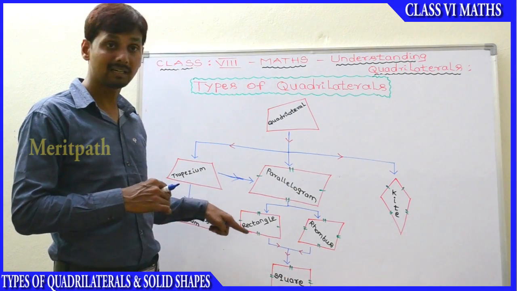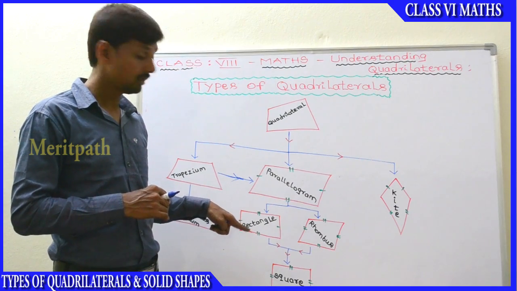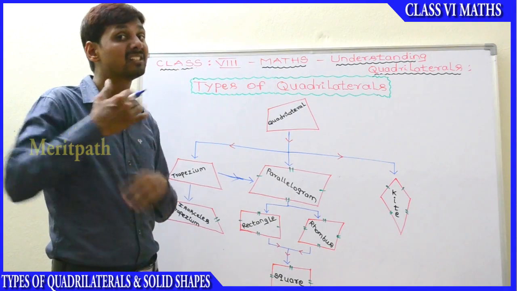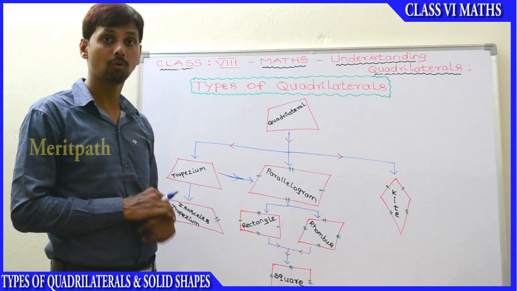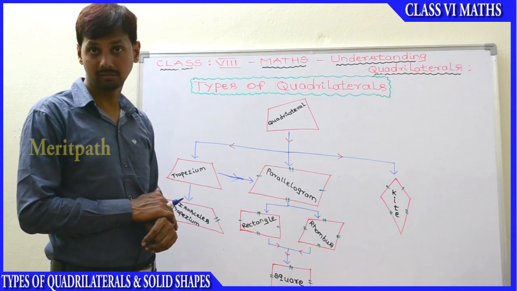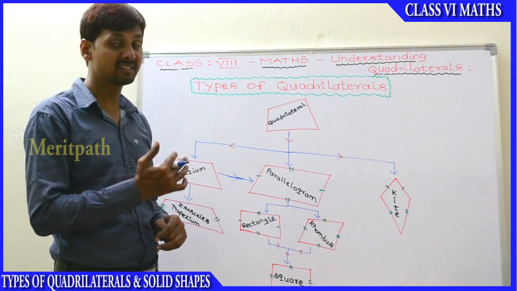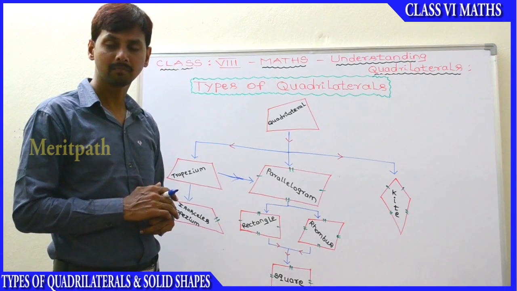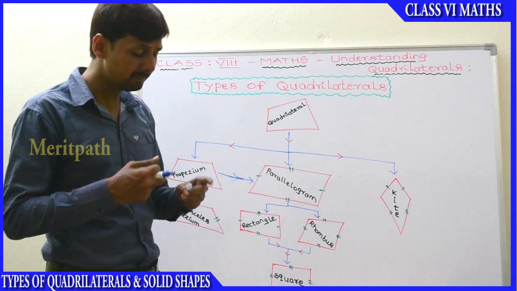So either a rectangle, if all the sides become equal, becomes a square, or a rhombus, if each angle is 90, becomes a square.